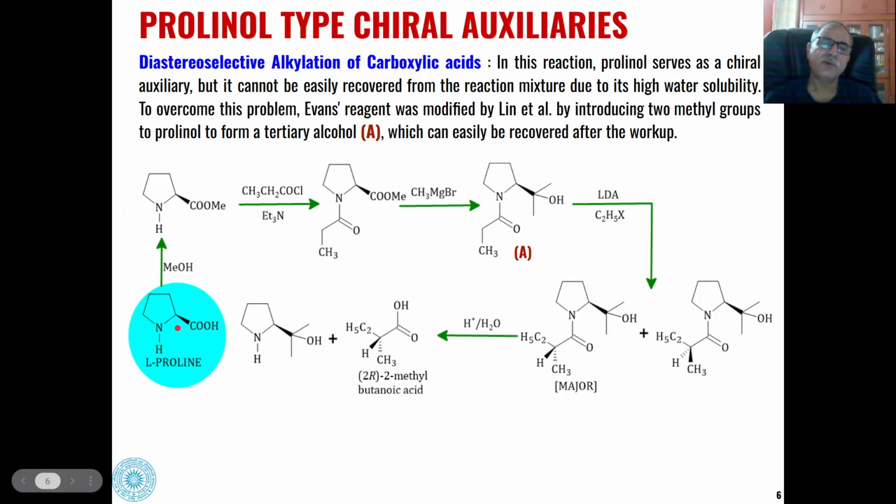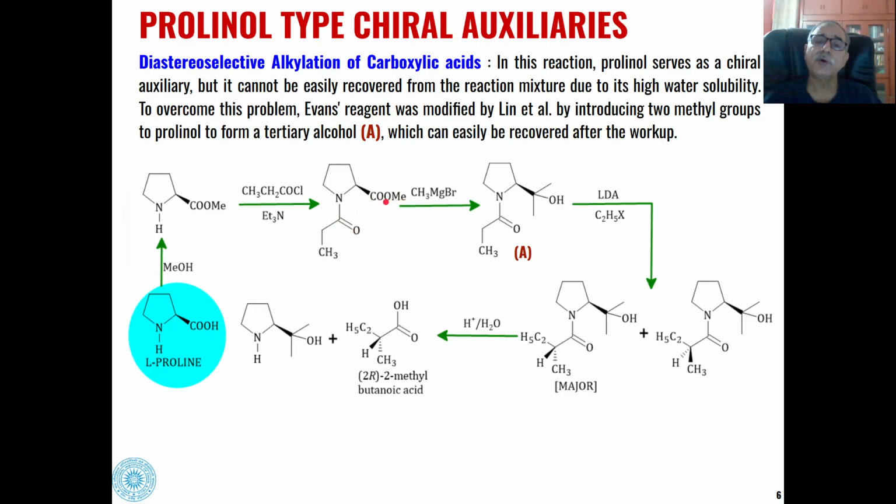So when L-proline undergoes esterification, the corresponding ester, methyl ester, will be formed when it is reacted with methanol, and then on reaction with the acid chloride derivative, this will be converted into this type of amide.